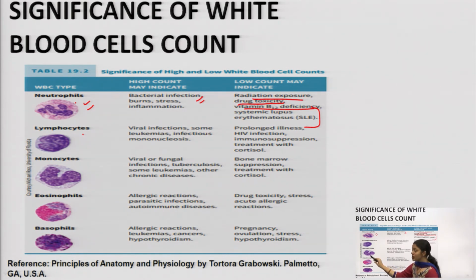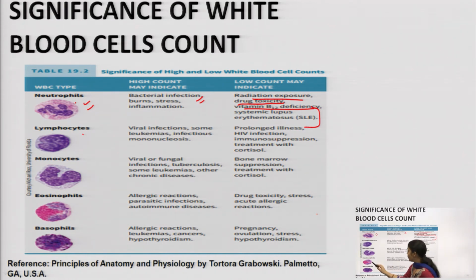Now come to the monocytes. In viral or fungal infection, tuberculosis, some leukemias and other chronic disorders, the number is high. But in bone marrow suppression and treatment with cortisol, the number of monocytes is low.